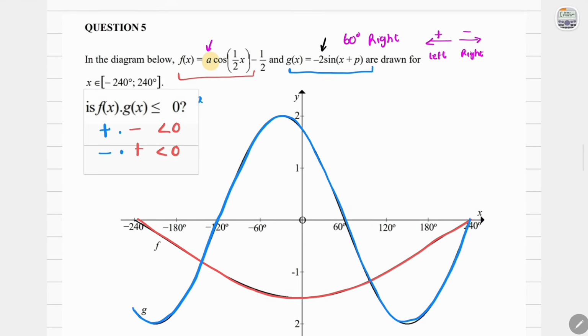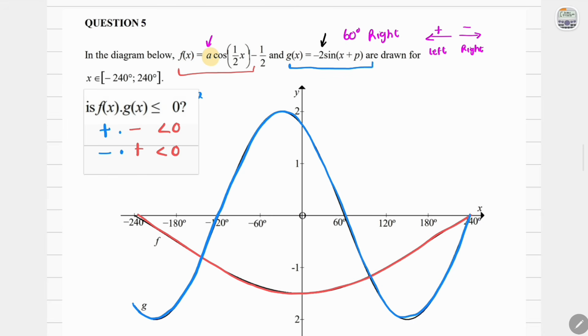And now let's see. We're looking for where f of x is positive, in other words, where the y values of f are greater than 0. This would be all the places where we have positive y values. We know that positive y values lie above the x-axis over here.